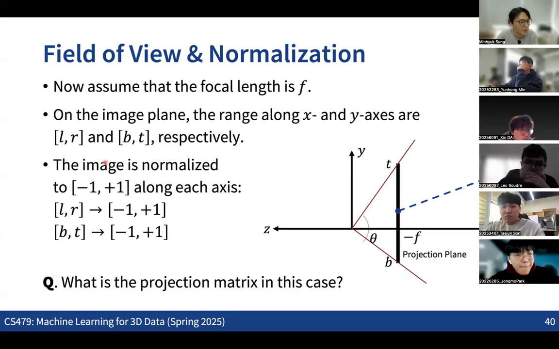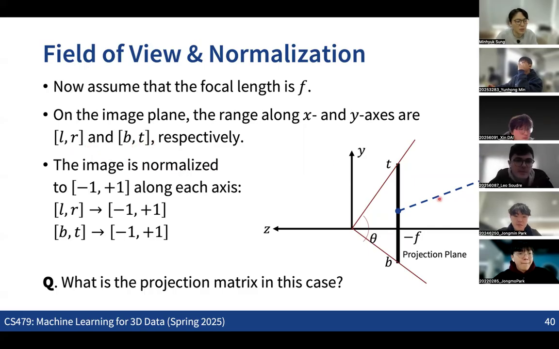While having a range which is not symmetric from L to R and from B to T. And after projecting all the things onto the image plane, we are also going to normalize the image space, so that the L to R range is mapped to -1 to +1, and the bottom to the top is also mapped to -1 to +1.